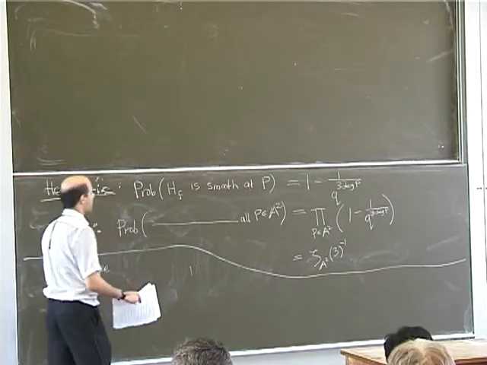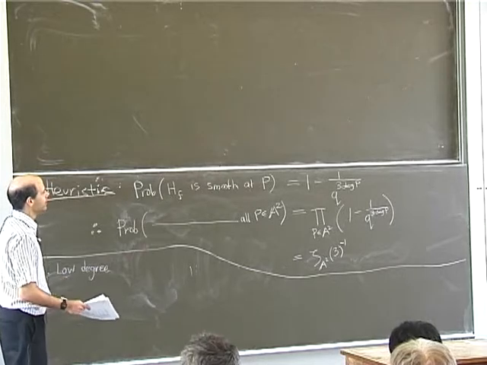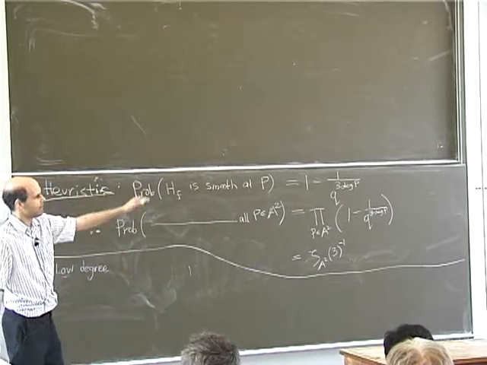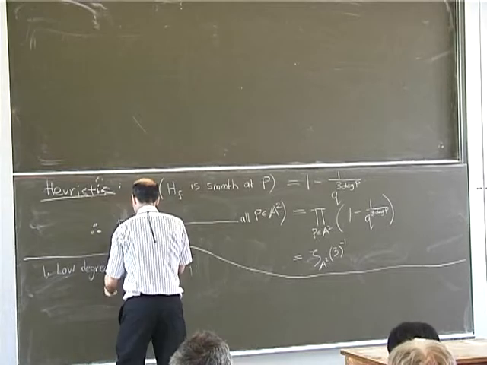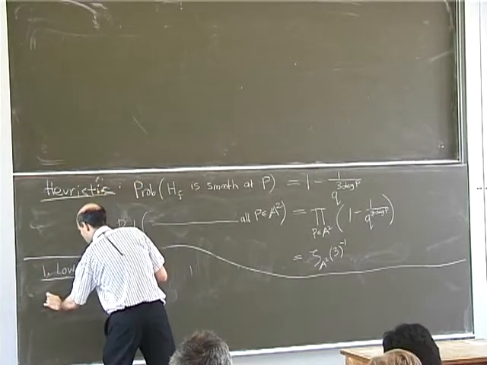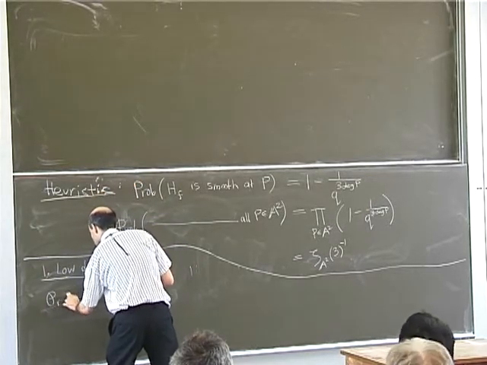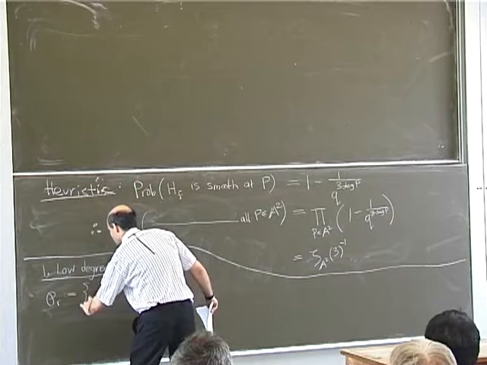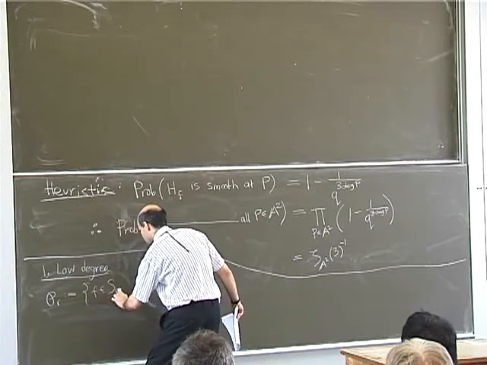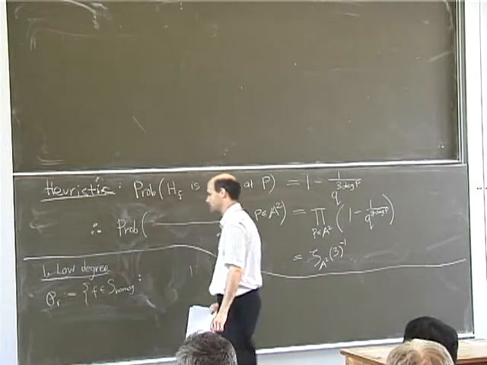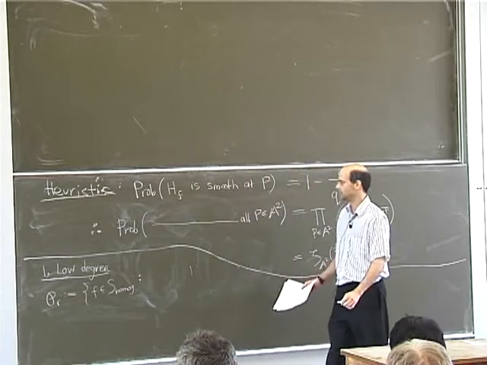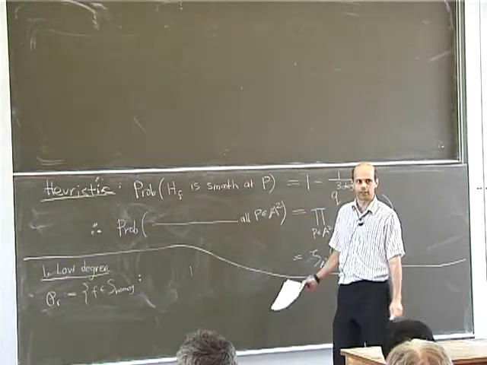I'll handle these the same way that I handled the conditions in the square-free integer problem with the small primes. Namely, I'll define P sub R to be the set of F's that define a curve that's smooth as far as the points of low degree are concerned.